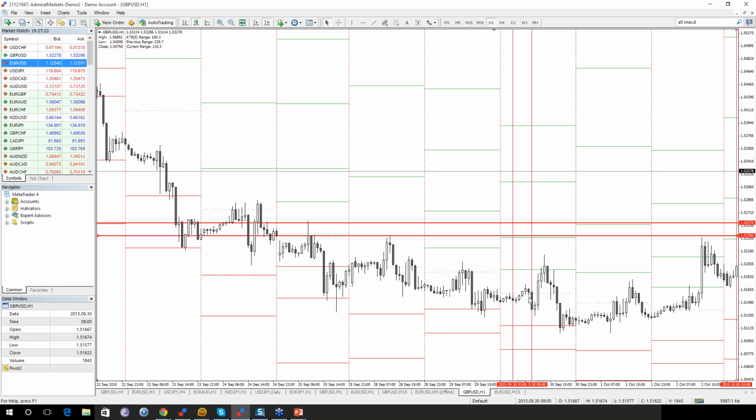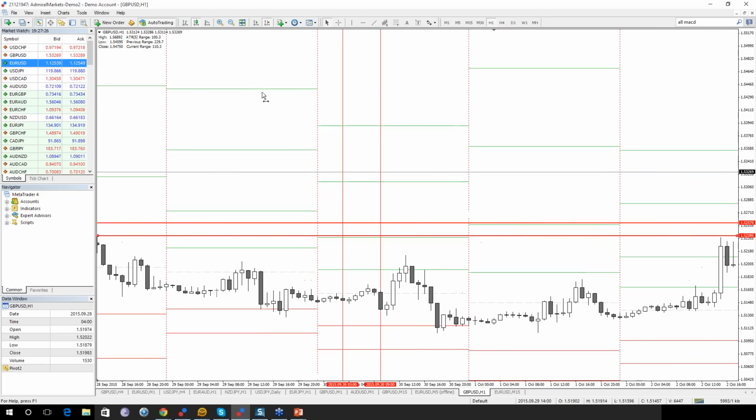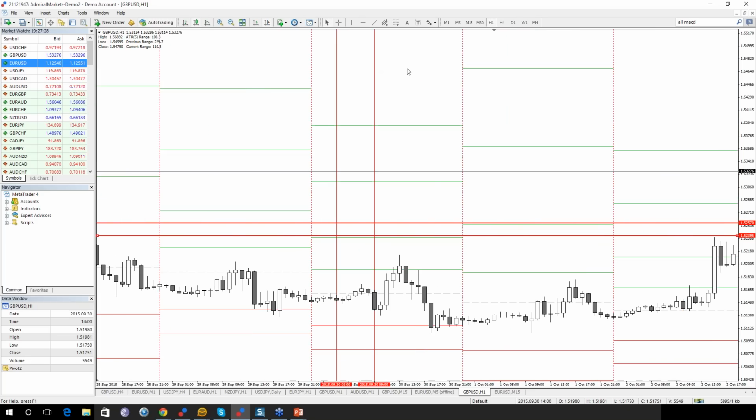The low here was clear. I will zoom it in so you can see. So this is your low. This is your high, because that is the last 3 candles. I said last 3 candles. 1, 2, 3.